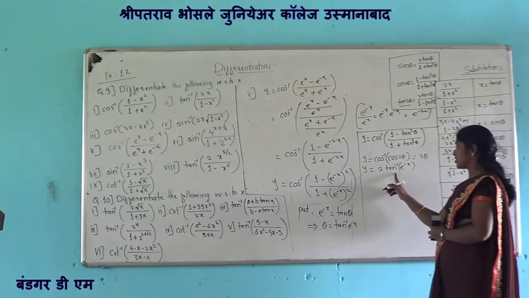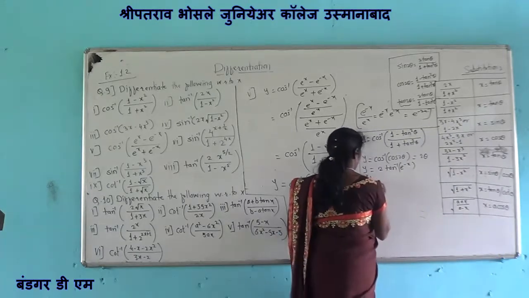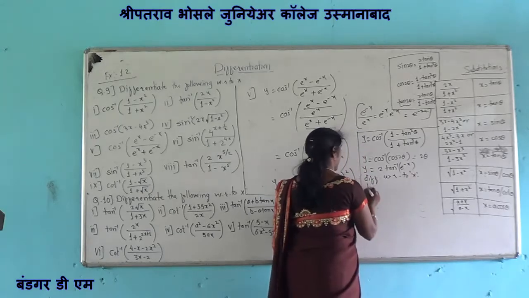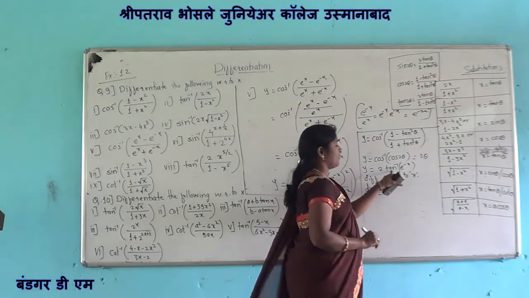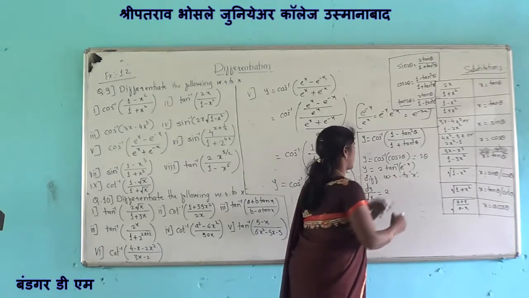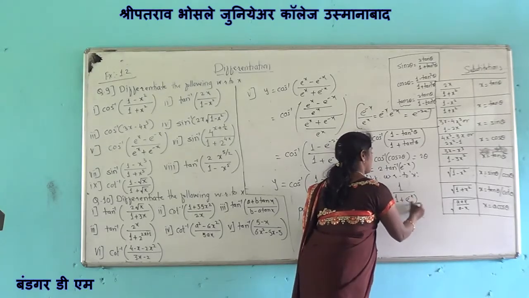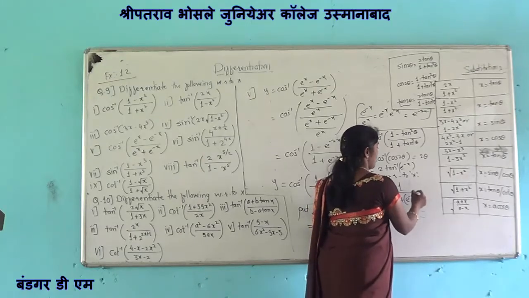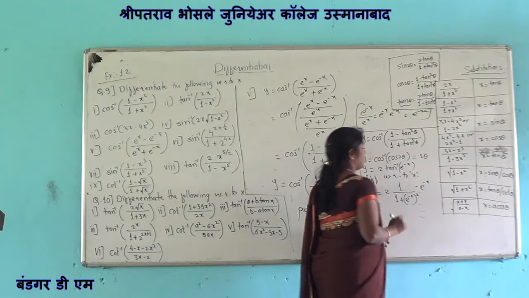Now differentiating this y with respect to x, we get dy by dx is equal to 2 times the derivative of tan inverse x, which is 1 upon 1 plus x square. So using this form we get 1 upon 1 plus (e raised to minus x) square into the derivative of e raised to minus x, that is e raised to minus x, and the derivative of minus x is minus 1.